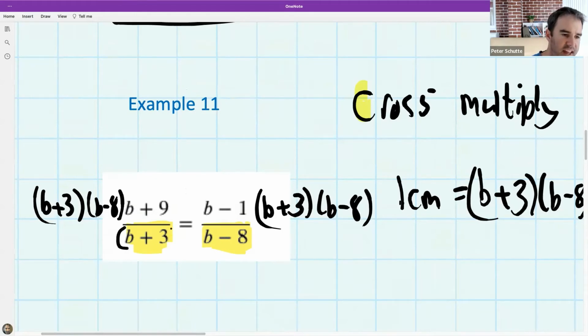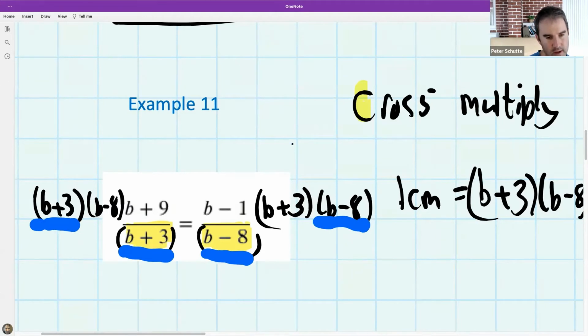And this is where the next step comes along that's so clever. Can you see that I now have a b plus 3 at the top here and a b plus 3 at the bottom here? Can you see I have a b minus 8 here and a b minus 8 there? I haven't done this just by mistake.